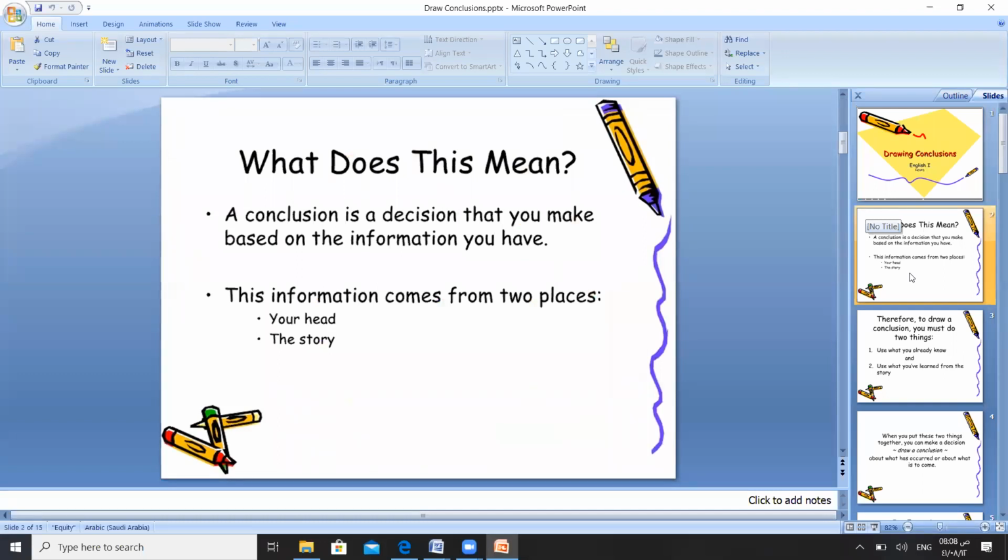A conclusion is a decision that you make based on the information you have.